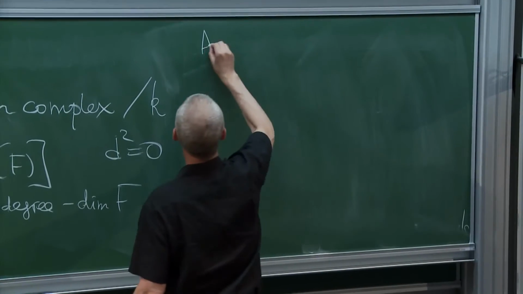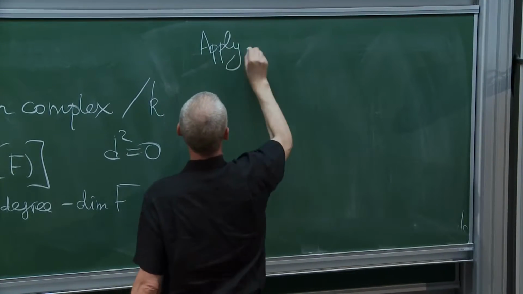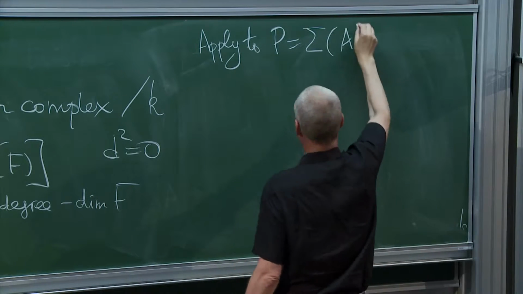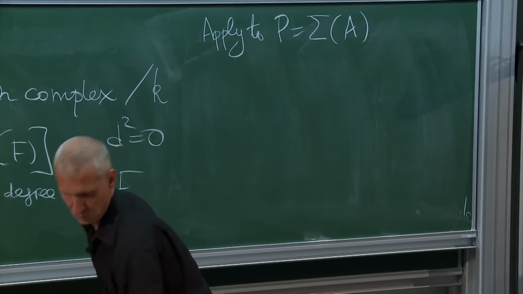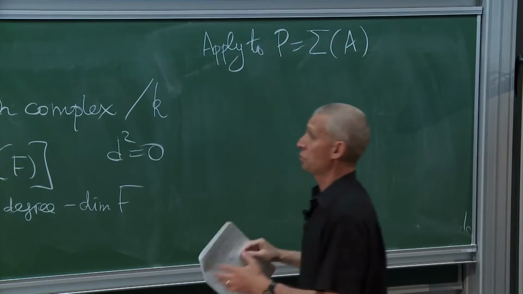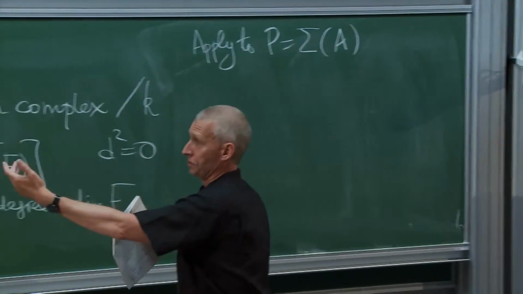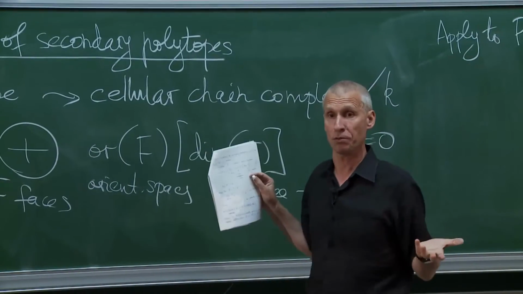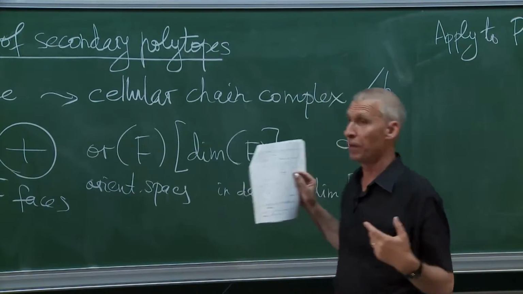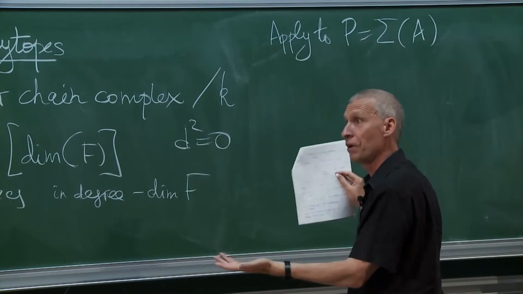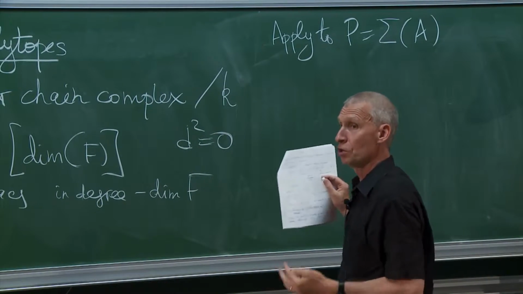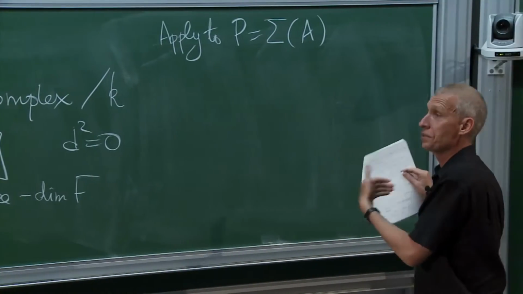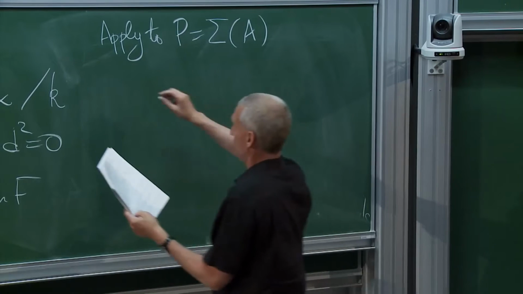What really happens is that the differential takes a face into the sum of all of its subfaces of codimension 1. But subfaces are products of other secondary polytopes, so we have some kind of multiplicative structure. It looks like a differential in an algebra.